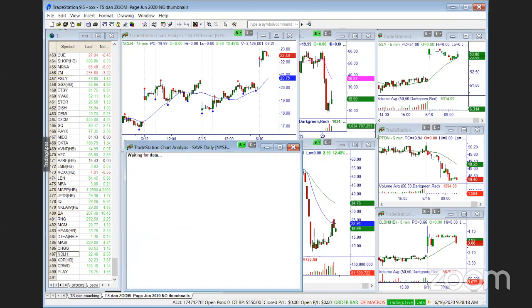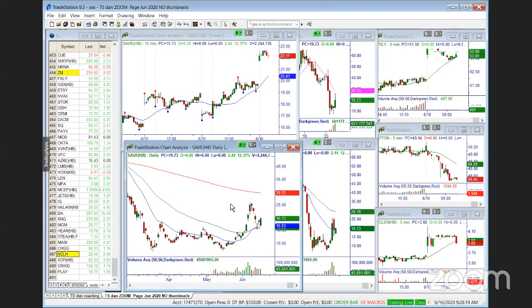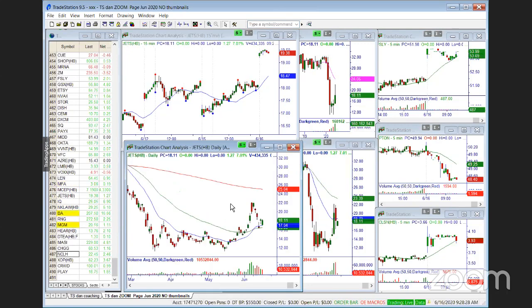I also had SAVE on the list, and that's a big old gap. So cruise lines and airlines are in play again today. JETS was on my list to sell a put and just barely didn't trigger. So those are three nice gaps that we didn't get into yesterday.